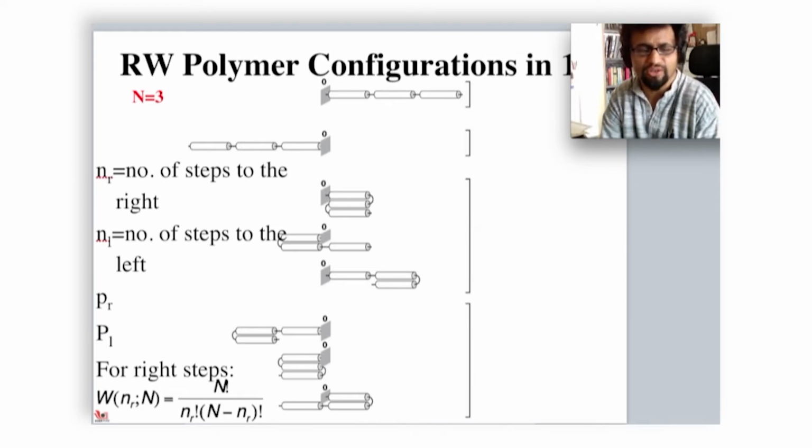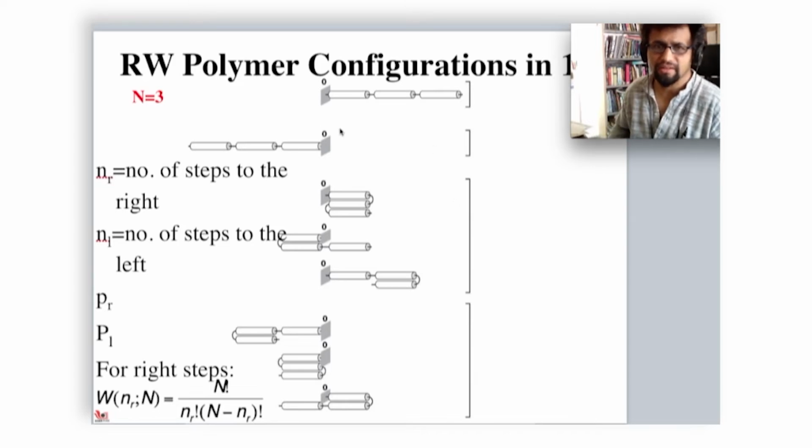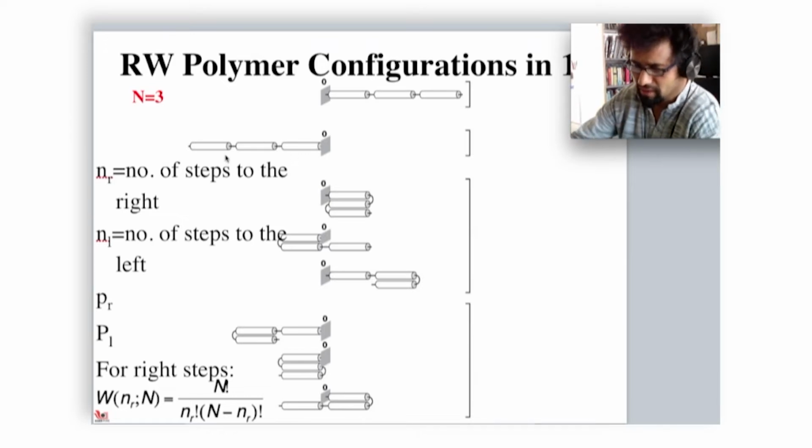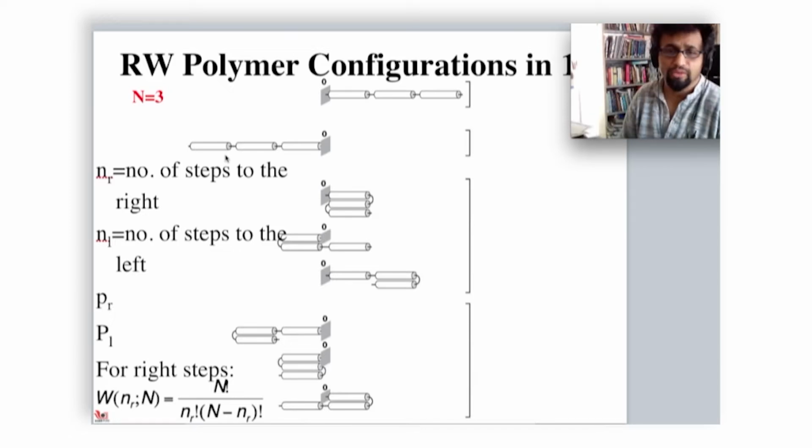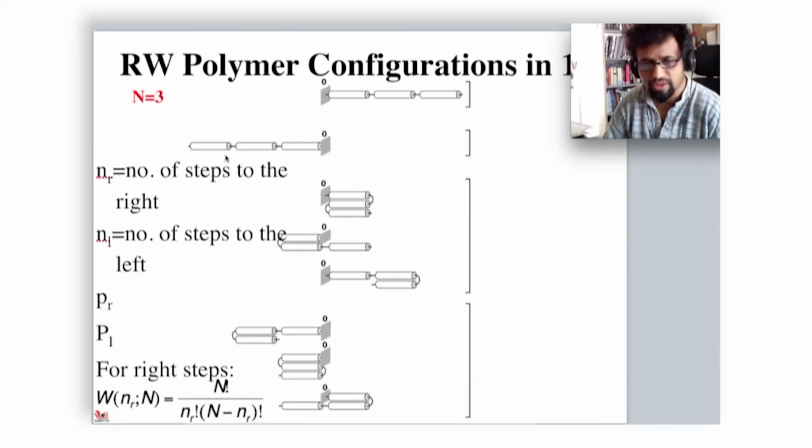So let's ask the first question. When we take, in the top case here, 3 steps to the right, how many ways are there of arranging it? When we take 3 steps to the left, how many ways are there of arranging it? When we take 1 step to the right, 1 step to the left, 1 step to the right, how many ways are there of arranging it, and so on and so forth.